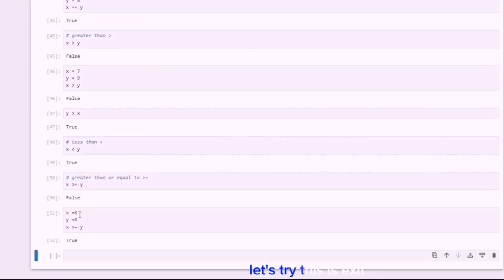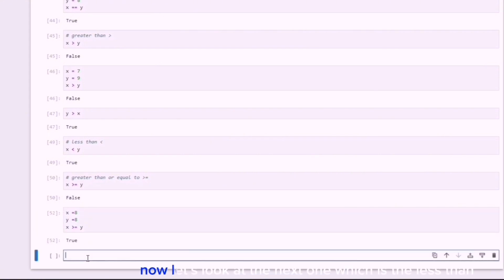So let's try this. Is x equal to y? It's true because both of them are equal. Now let's look at the next one, which is the less than or equal to operator.